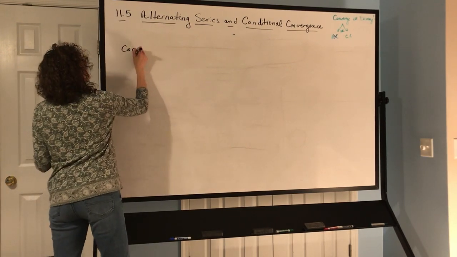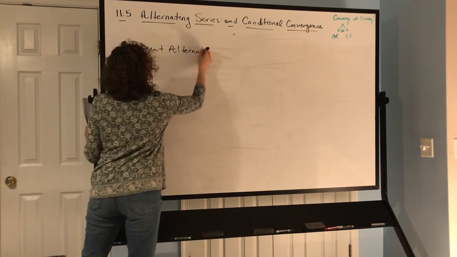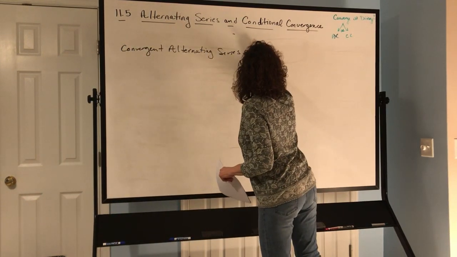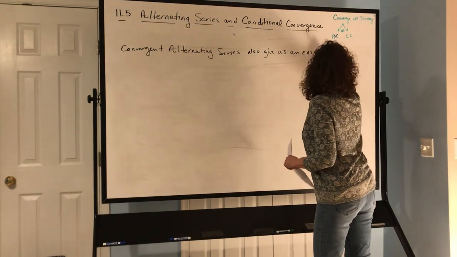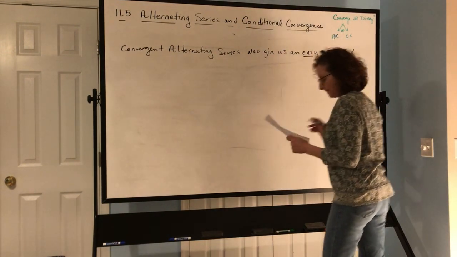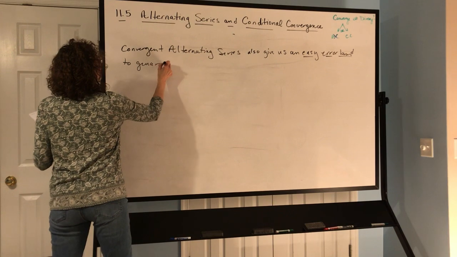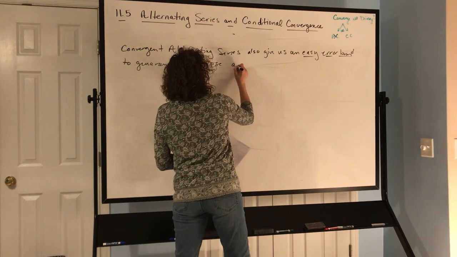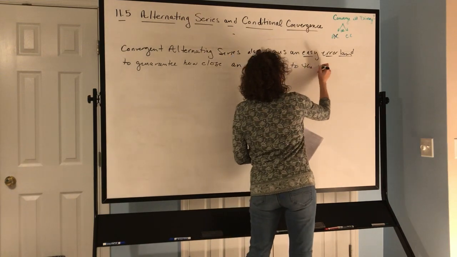So convergent alternating series also give us an easy error bound to guarantee how close an approximation is to the actual sum.